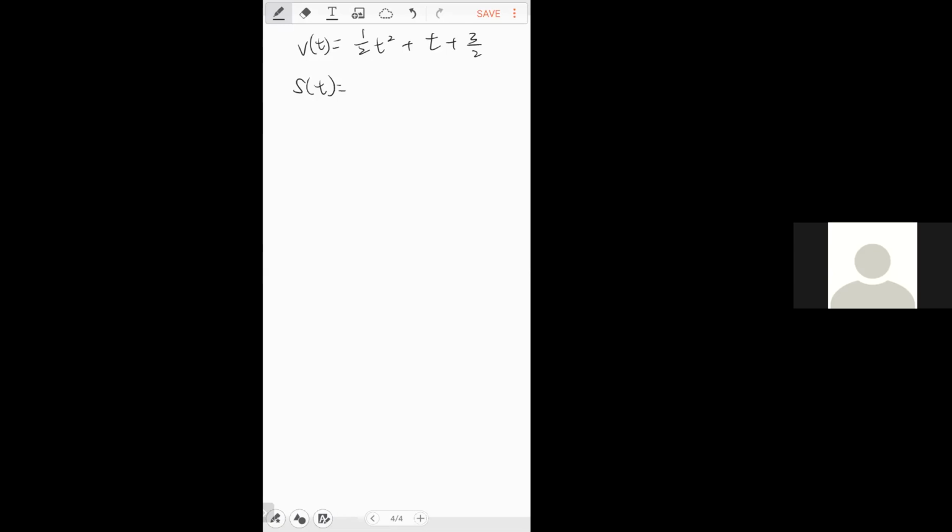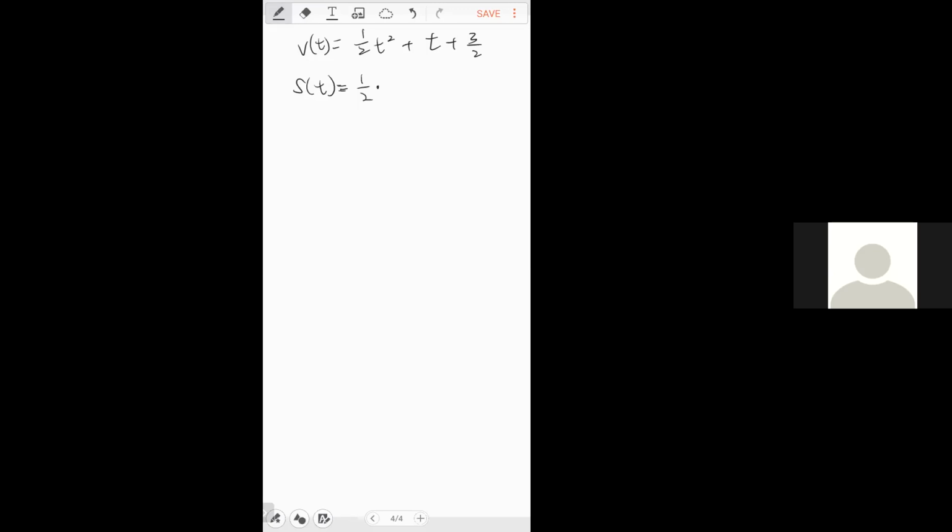So what is the antiderivative of 1/2 times t squared? The 1/2, you can forget about that because it's a constant.